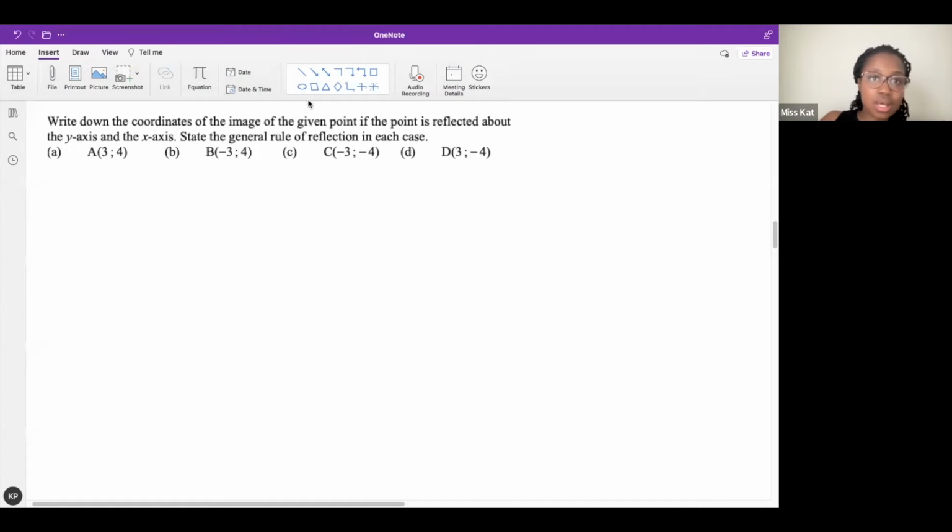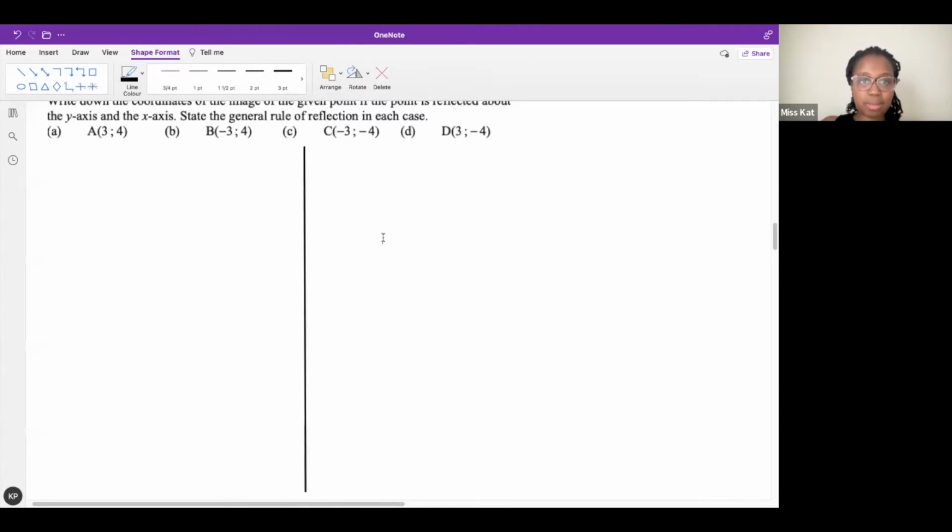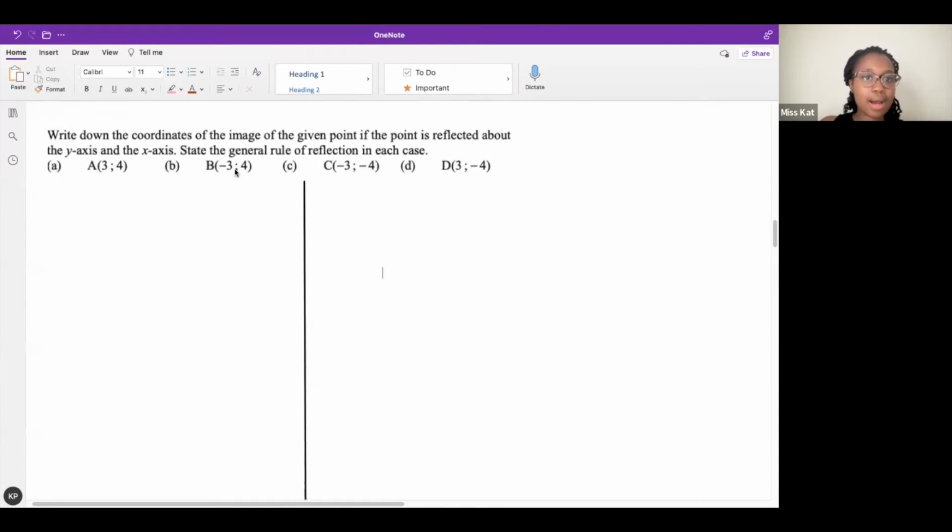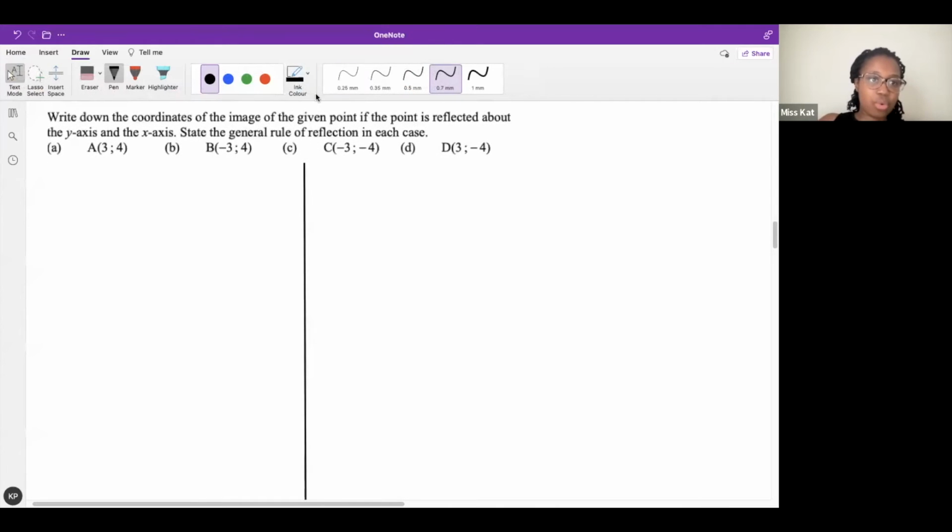Let me divide our page to make it easier. I'm going to divide my page. On my left, we're going to do reflections about the x-axis. And on the right, we're going to do the y-axis.